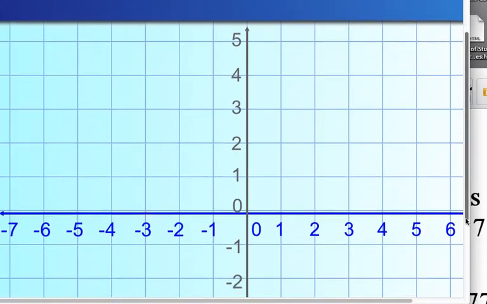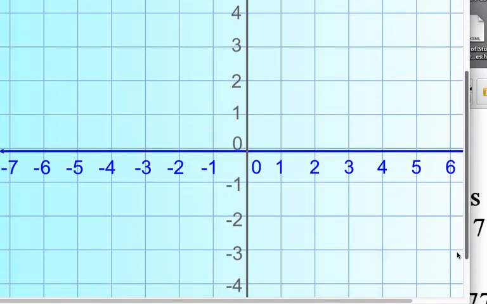If I said 3, -3, I would start at the x-axis and I would go over 1, 2, 3, and I said -3, so I would go down 1, 2, 3, and it would be right here. I'll give you one more.